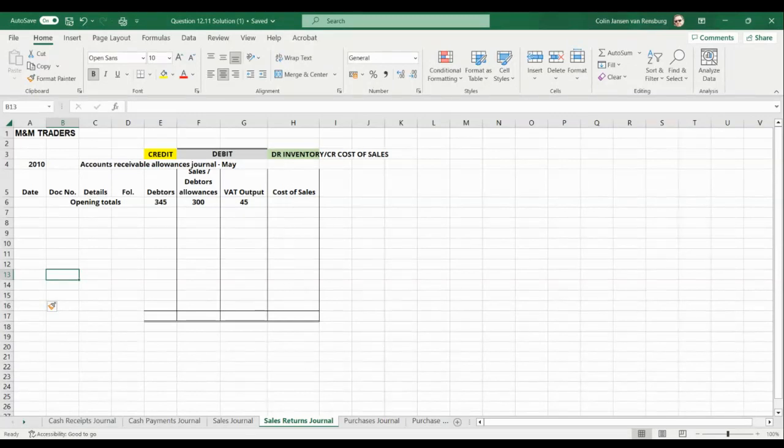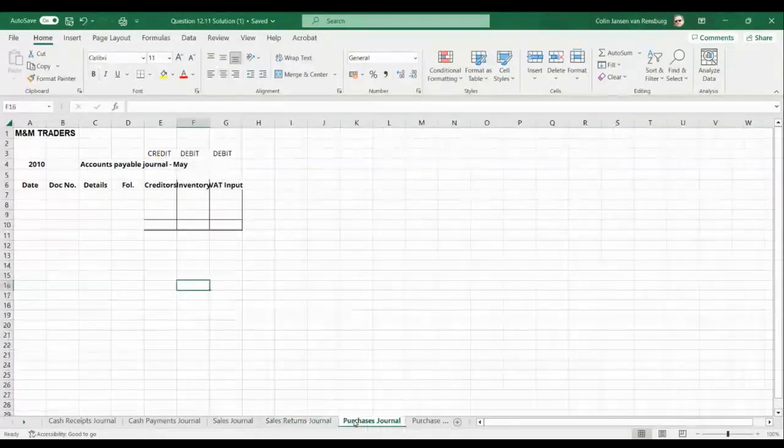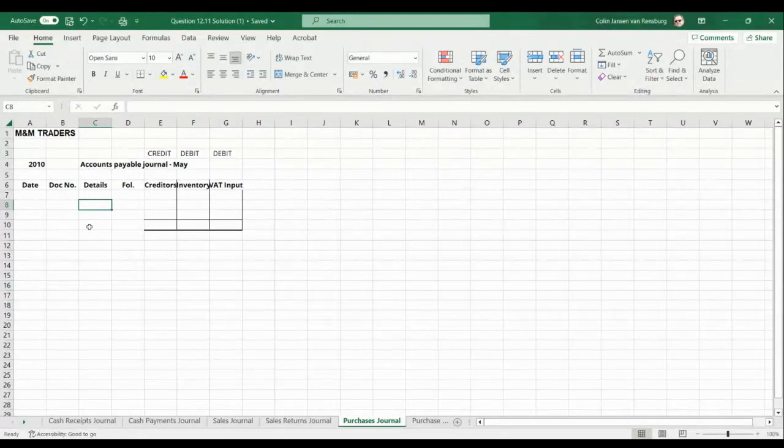Okay, now let us see when it comes to our purchases journal. Now it is exactly behind. Let me just move that out of the way. Purchases journal. Opening balances. As you can see, I didn't quite finish formatting it because it became very late.